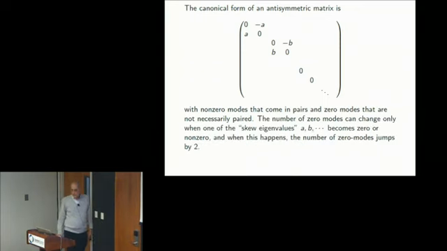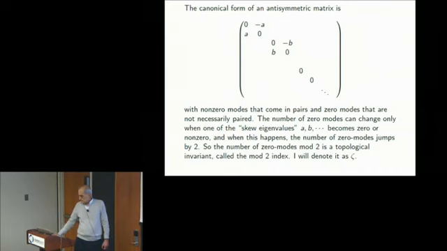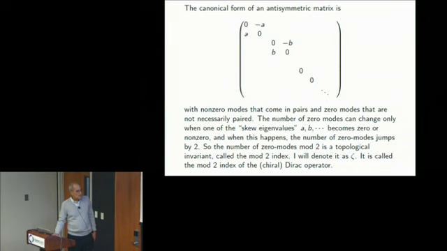The number of 0 modes can change only when one of the skew eigenvalues, A, B, and so on, becomes 0 or non-zero. And when this happens, the number of 0 modes jumps by 2. So the number of 0 modes mod 2 is a topological invariant called the mod 2 index. I'll call it zeta. It's called the mod 2 index of the chiral Dirac operator.